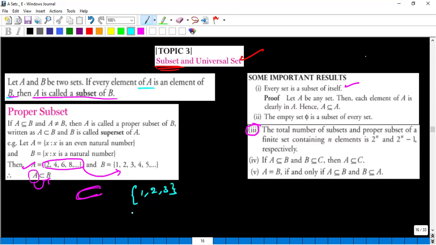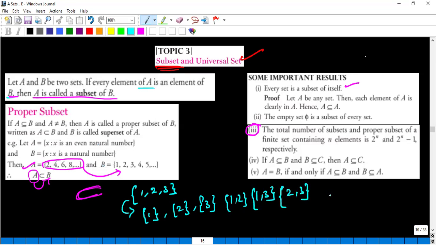For this I can frame subsets like these. 1, 3 is another subset, 2, 3 is another subset, 1, 2, 3 is another subset.